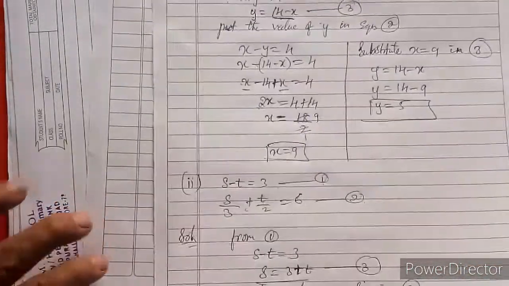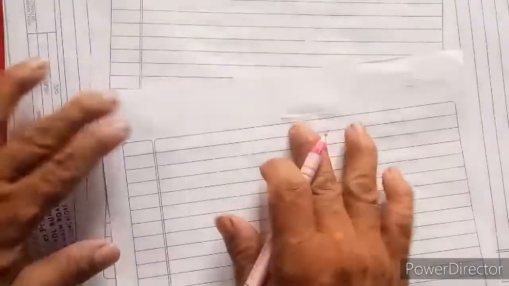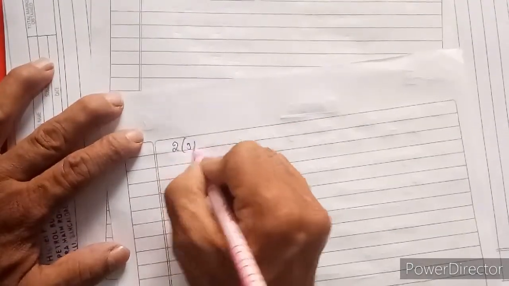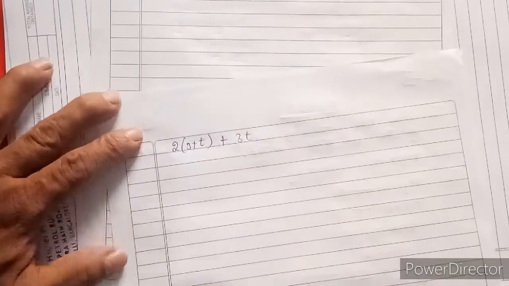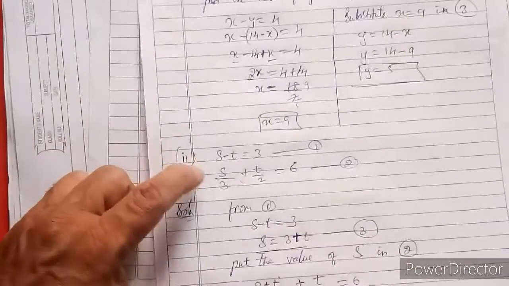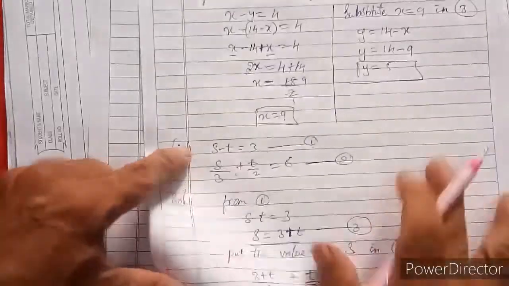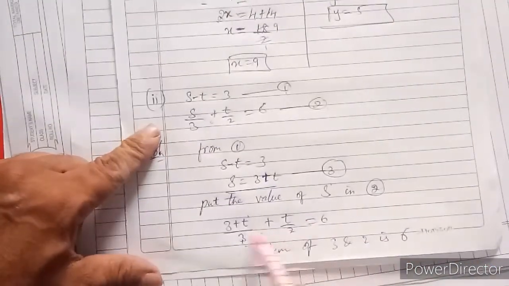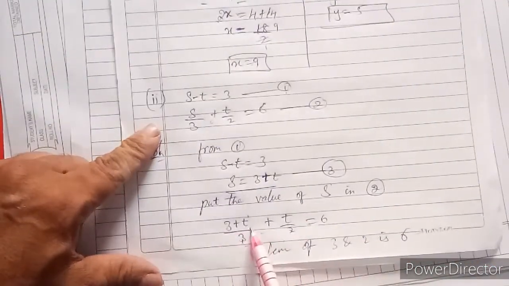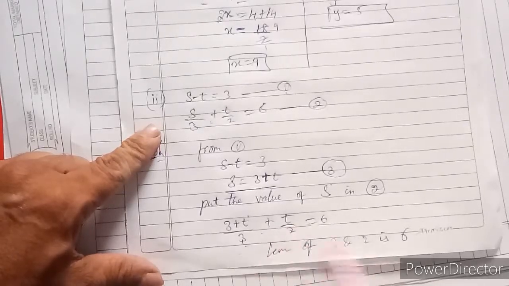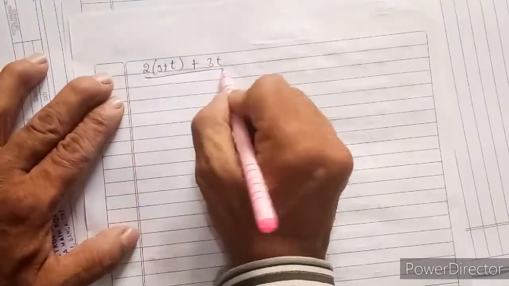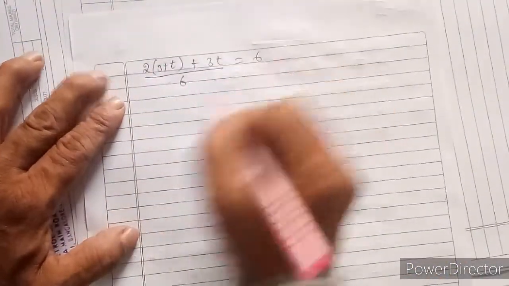So here, 2 into (3 plus t) plus 3 into t is equal to 6, with the common LCM 6 as denominator, equal to 6.